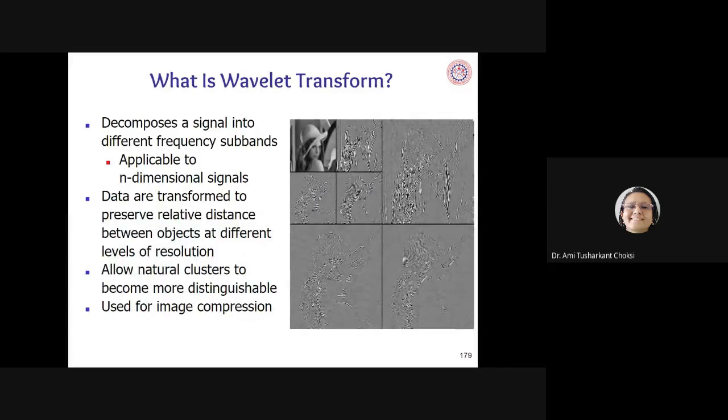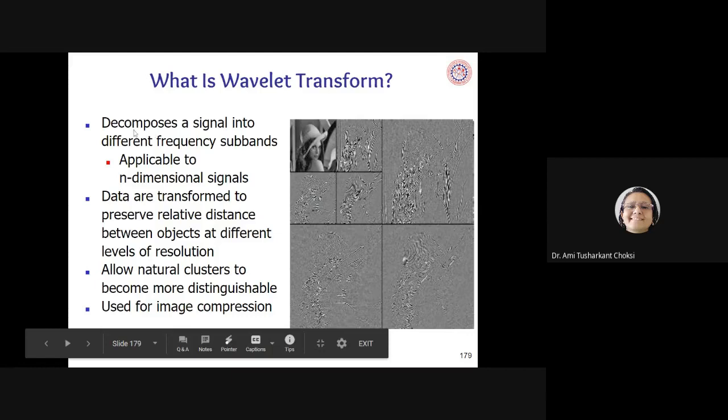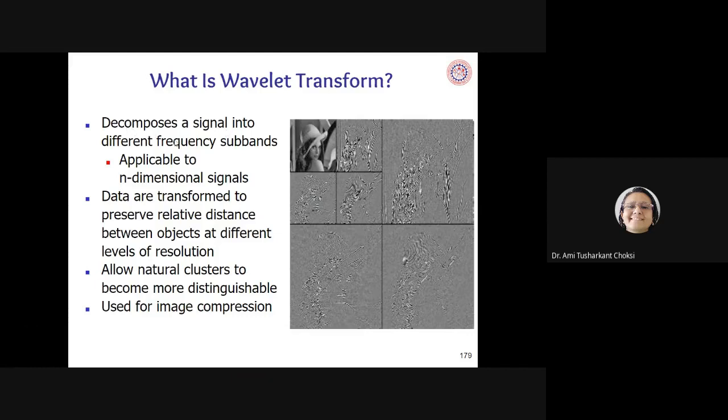Wavelet transform. With that also we can reduce the data. So how can we do that? It decomposes a signal into different frequency subbands, right? It is applicable to n-dimensional signals.